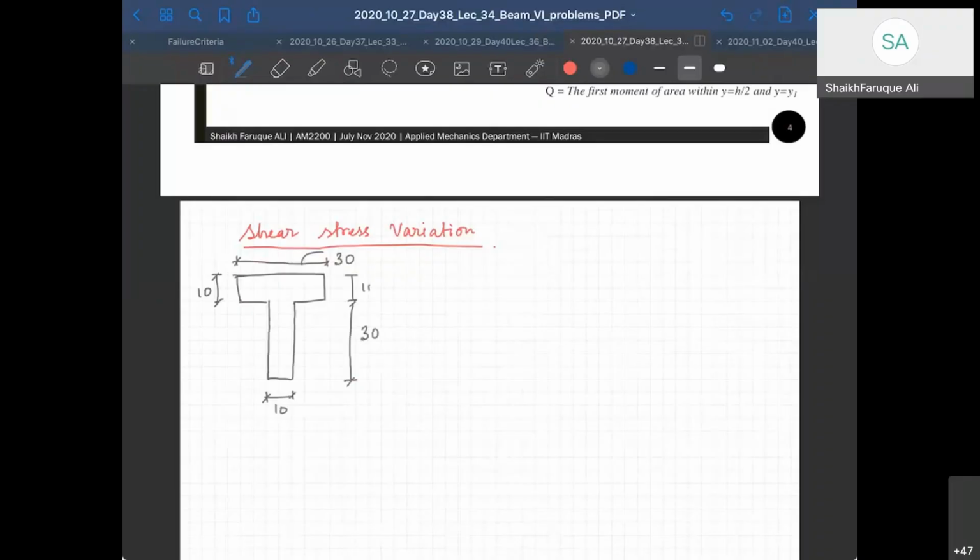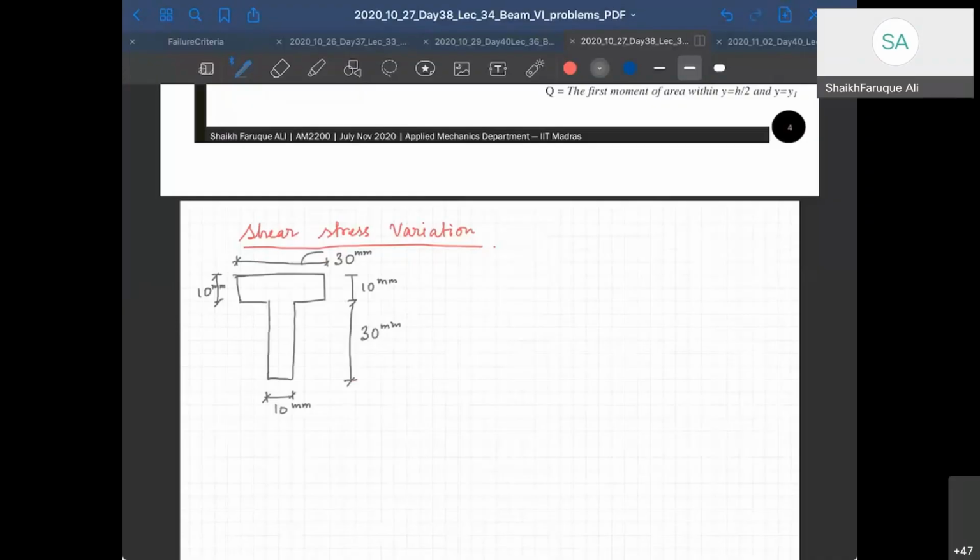And that's 10. All dimensions are in mm. Okay, so whenever I write this, all dimensions are in mm.